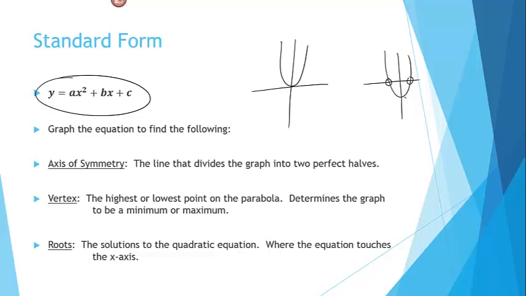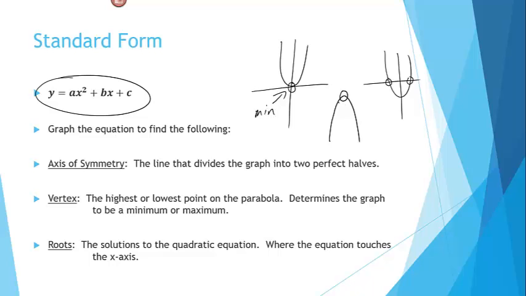Okay? And then the vertex is the highest or lowest point on the parabola. So this would be our lowest point here, our lowest possible point. And if we had an upside down parabola, this would be a vertex. And it determines the graph to be a minimum or maximum. So if we had a right side up parabola, then this would be called a minimum parabola.